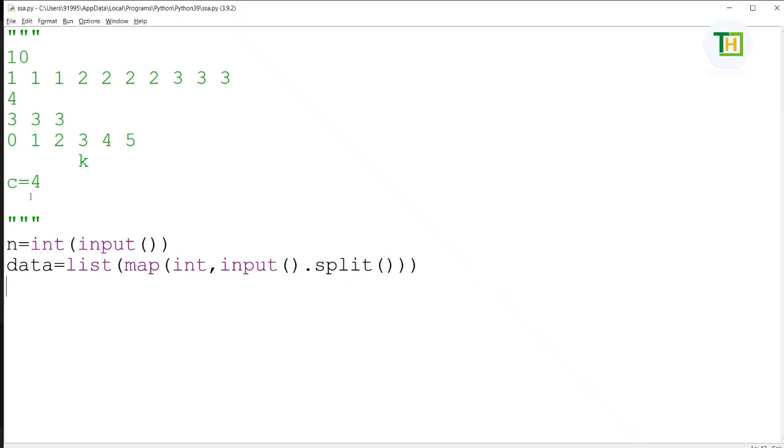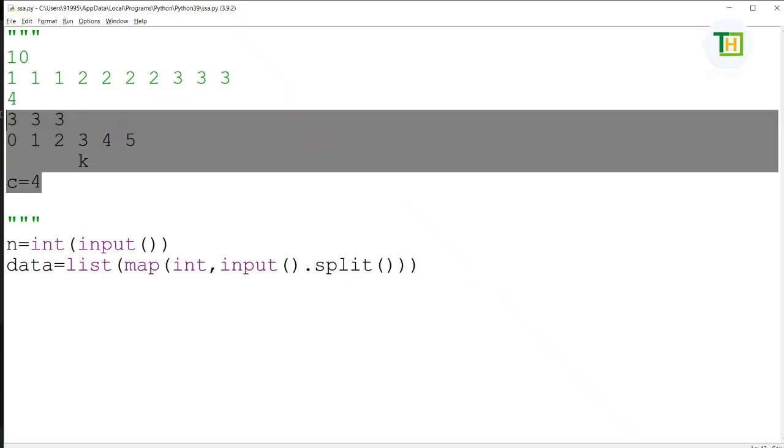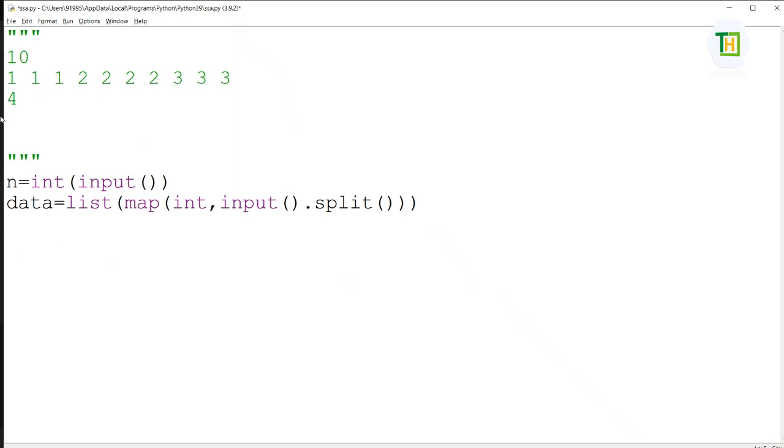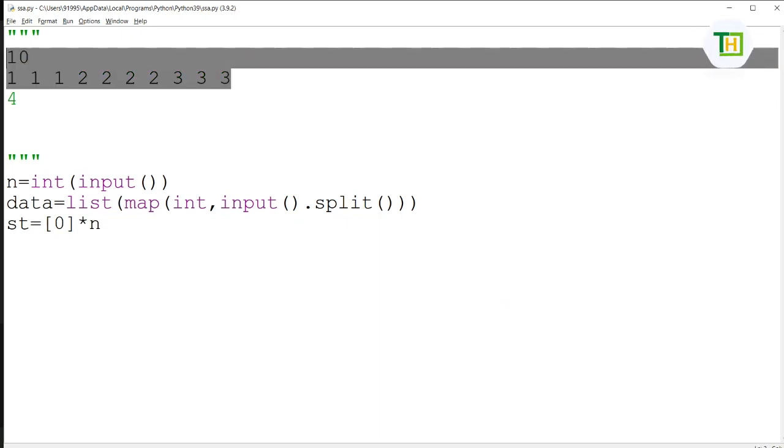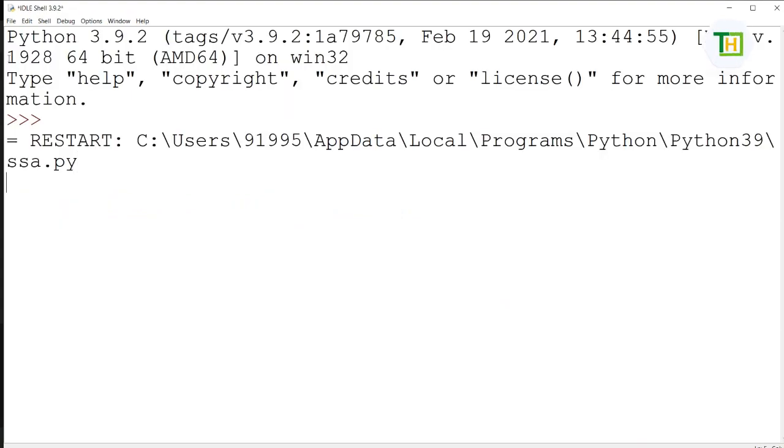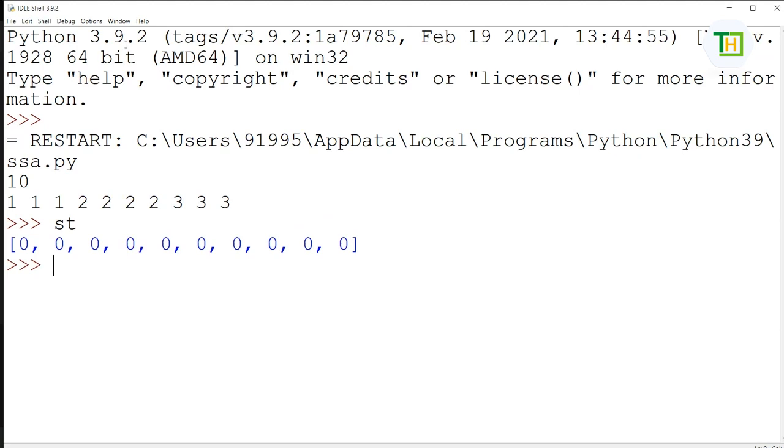Then I'm going to take one more stack. Just observe here, st is equal to [0] times n. Why am I taking it like that? The maximum size of the stack is going to be 10. For example, this is the input and the stack is going to be all values 0.